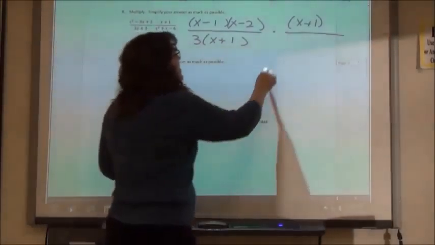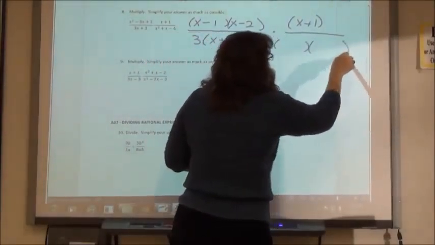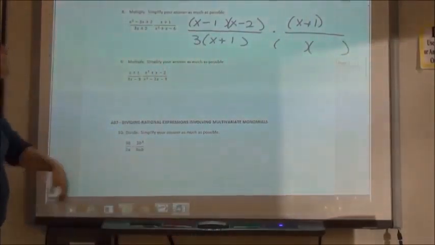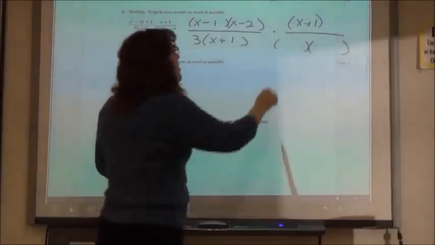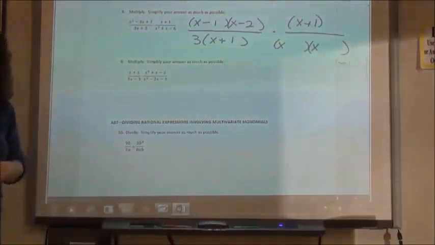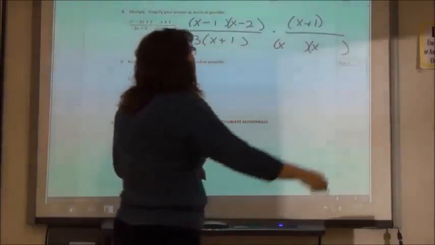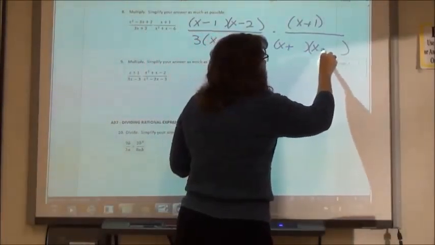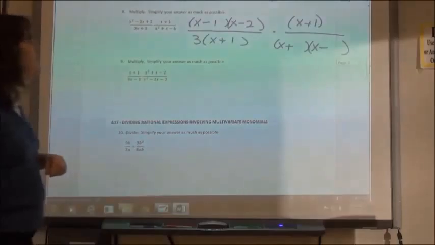Bottom of the second fraction. Squared. I know I got my 2 sets of parentheses. Factors of x squared, x and x. My signs, positive and a negative.